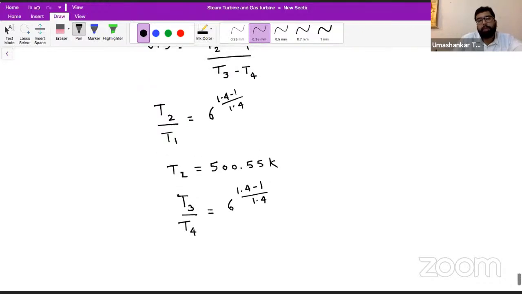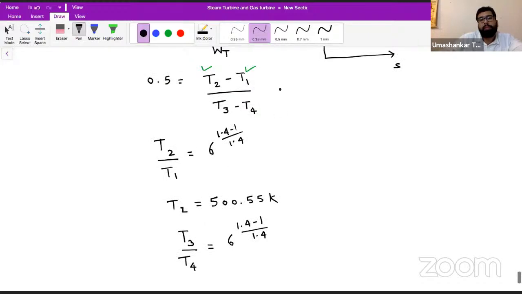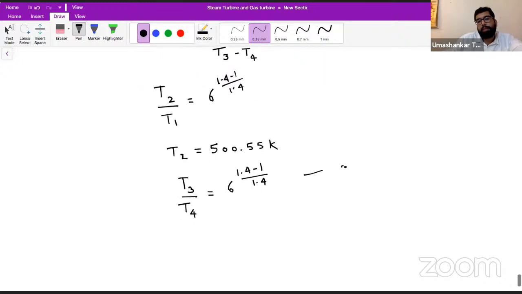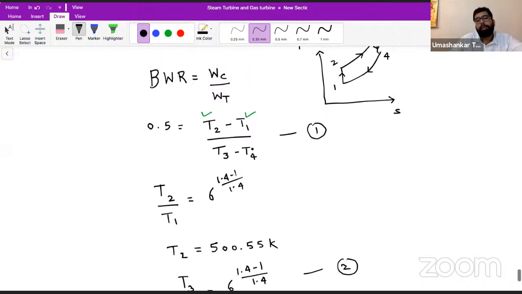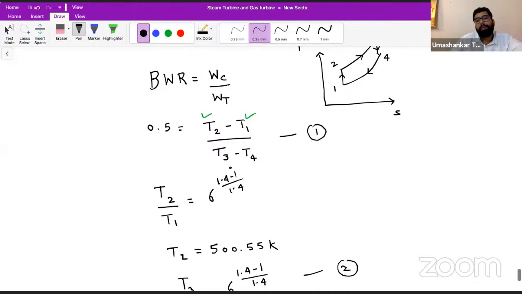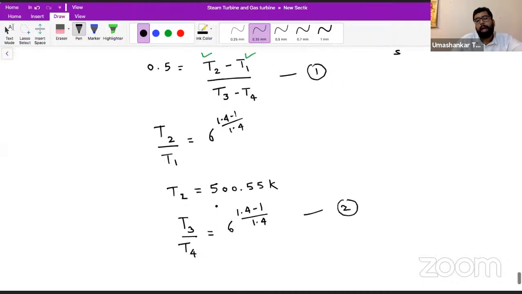Your answer is correct, Yash. So there are two variables left, T3 and T4. If you put the value of T4 in terms of T3 in equation number 1, you will get T3. We have T1 and T2, and there is another equation between T3 and T4.